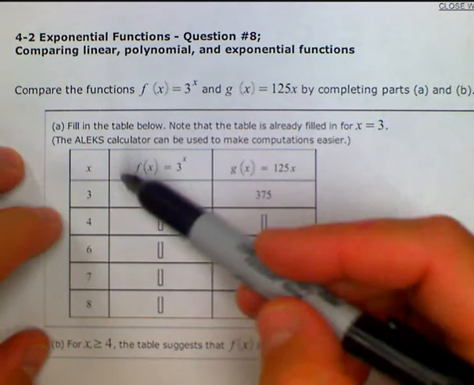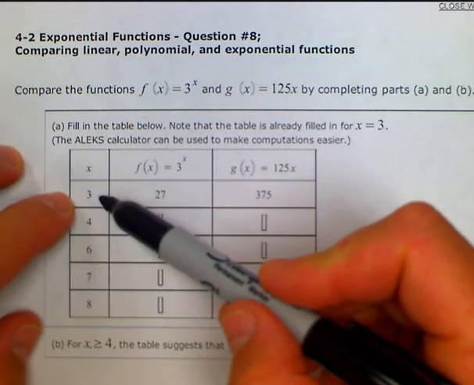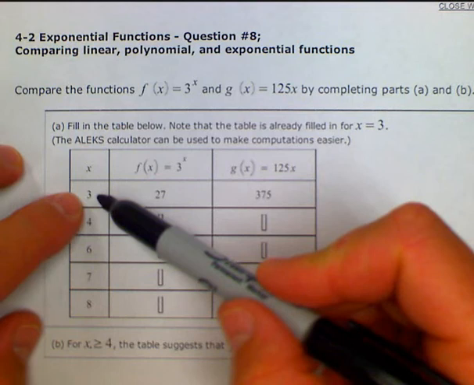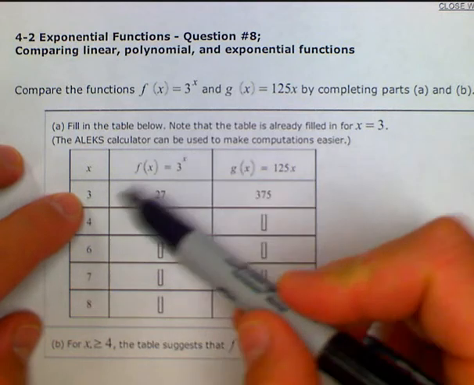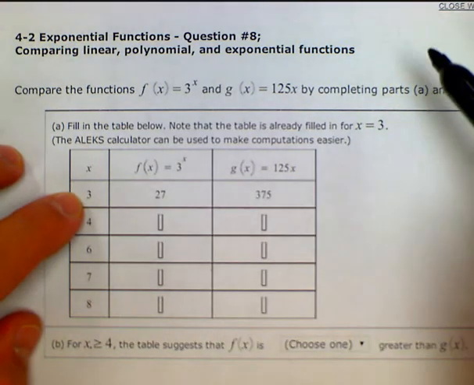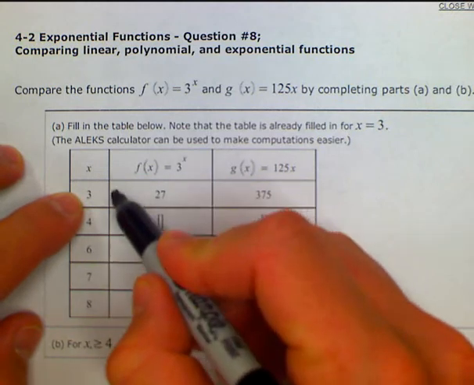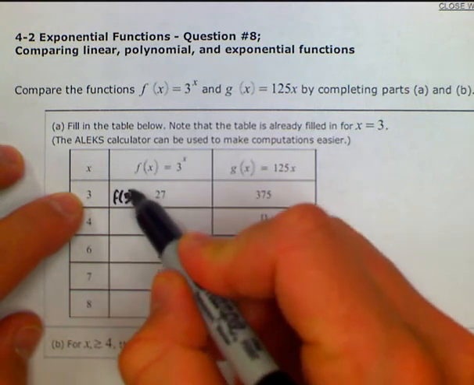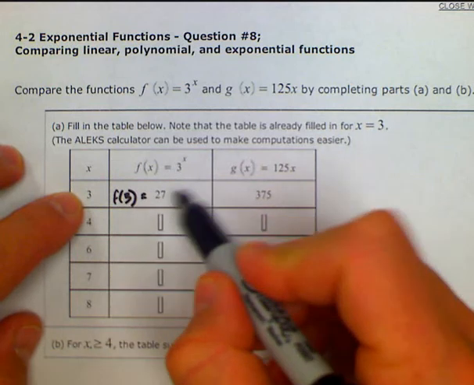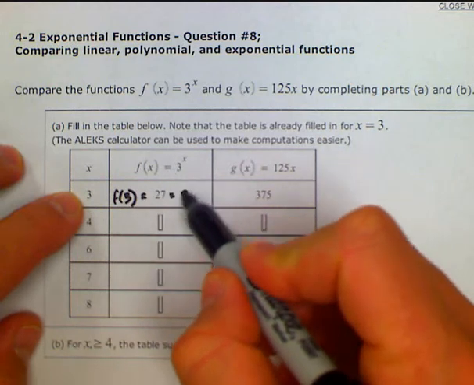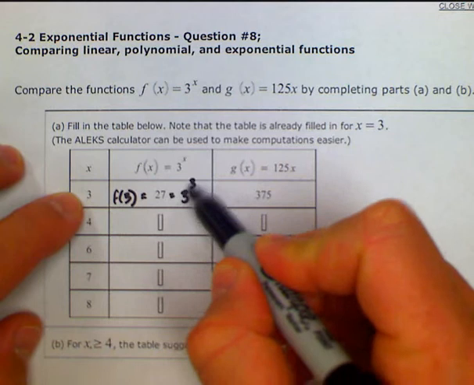So when we have x equal to 3, all we're doing is plugging in 3 for x in the two different functions. So f of 3 is equal to 27, which is simply plugging in 3 for x. So 3 to the third is 27.